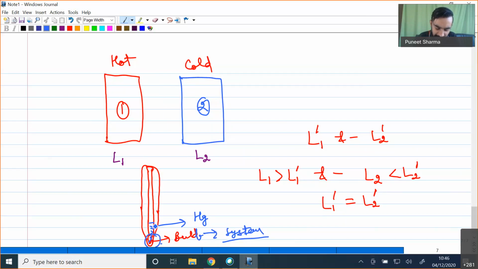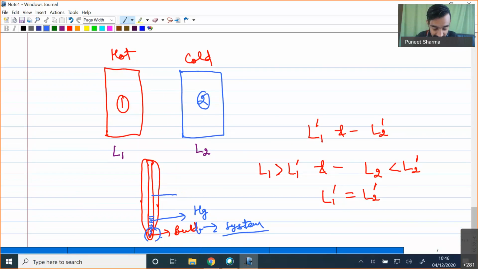Depending upon the thermal equilibrium between the two, after some time we will have a constant height of mercury. That constant height of mercury is a direct reflection of the change of temperature. Okay, so that is another point.